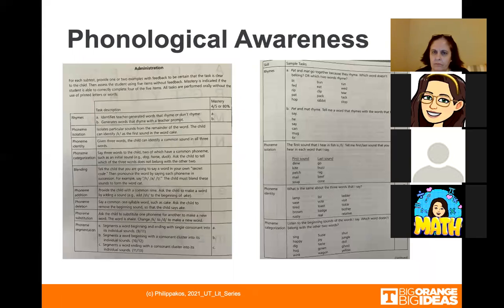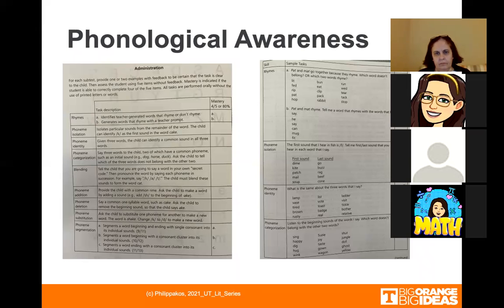Another measure can be phonological awareness, where you will see, okay, someone is struggling with their decoding, but do they have phonological awareness skills? So you may conduct a series of assessments on phonological awareness, examining phonemic awareness components too, besides rhyming. You may look at phoneme deletion, phoneme addition, and phoneme isolation.